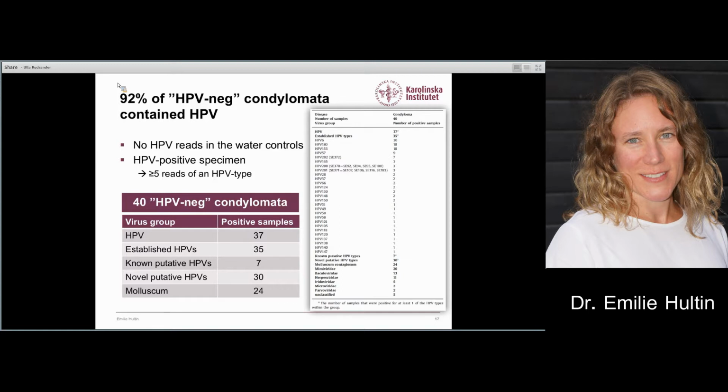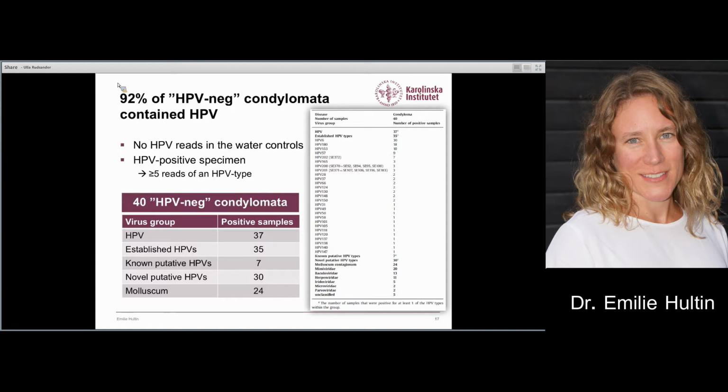So the table to the left here shows the number of positive samples for different HPVs. So 37 of the 40 HPV negative condylomas were positive for HPV. 35 samples were positive for established types, and 30 different samples were actually positive for novel putative HPV types.